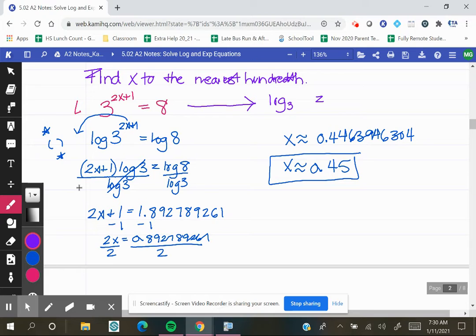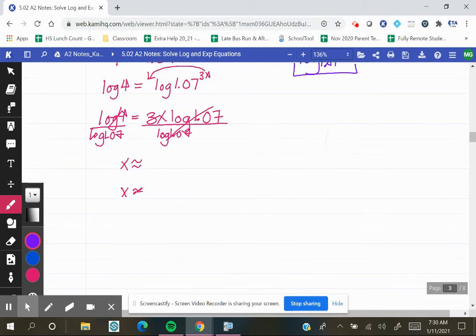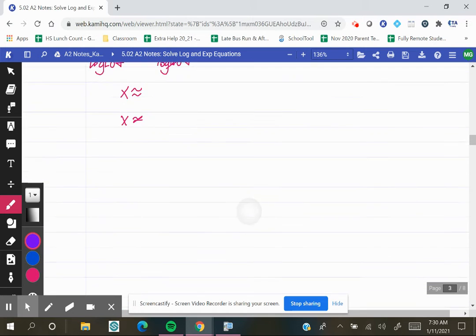Our exponent is always alone, so the 2x plus 1 would go over here by itself. So it'd be 3 raised to the 2x plus 1 equals 8. You would type this into your calculator, then subtract your 1, divide by 2. So that just gives you another way of doing it. It is a little bit shorter, so if you choose to do that, that is totally up to you.